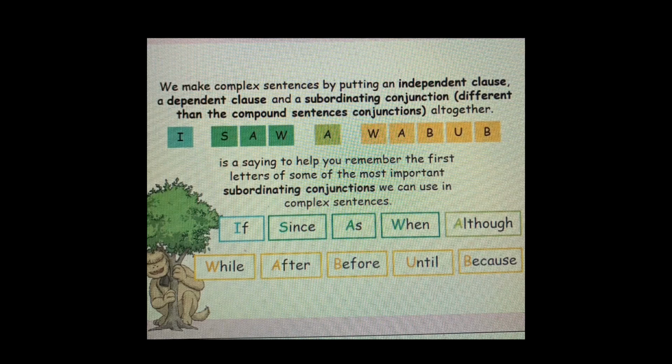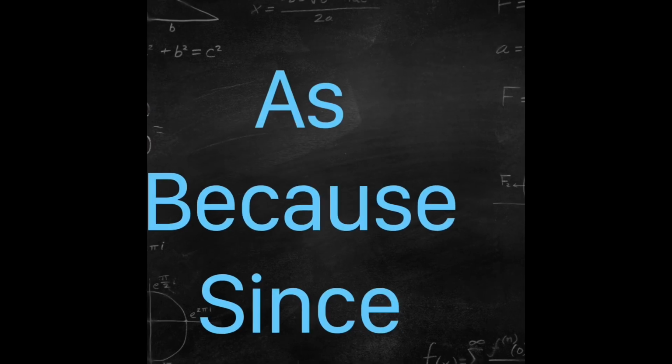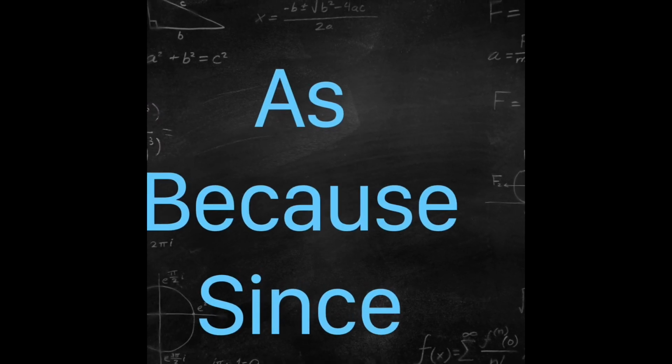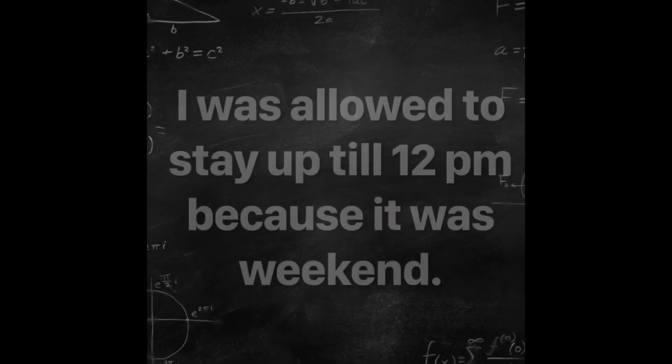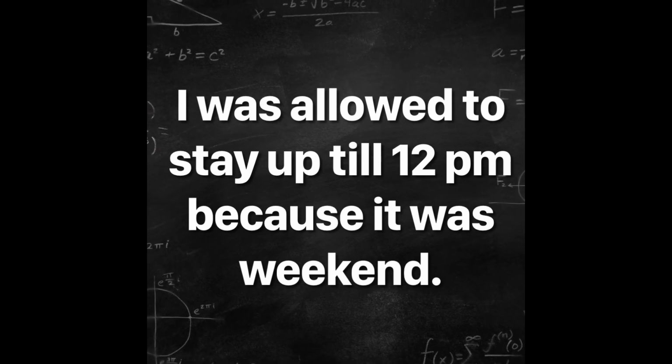We use these conjunctions to show different relationships in the sentences. Like for example, take these words after and although. Like, although the park was beautiful, we had a bad day. We use these conjunctions to show reasons. Like for example, I was allowed to stay up till 12 p.m. because it was weekend.